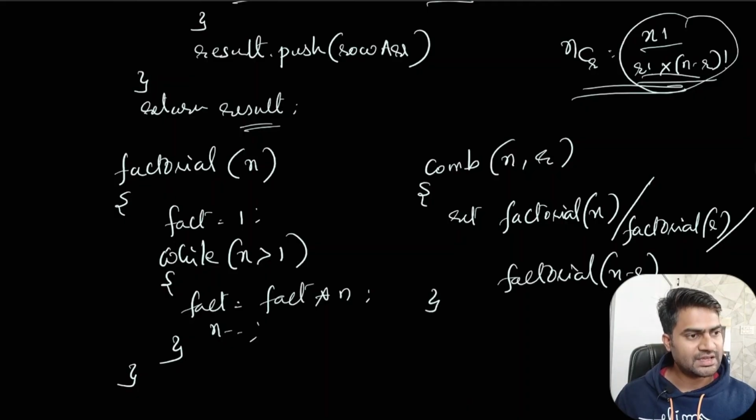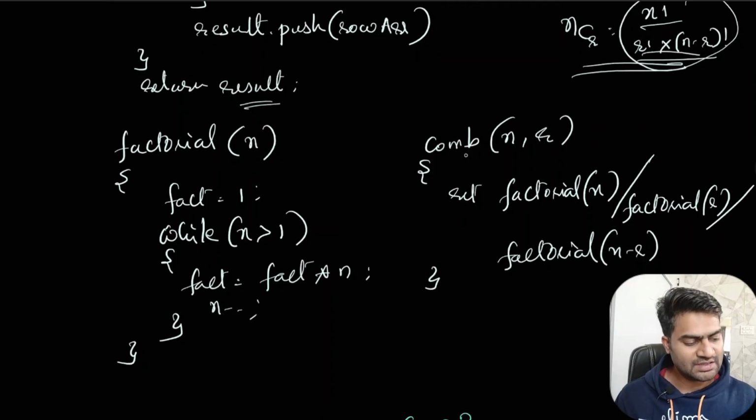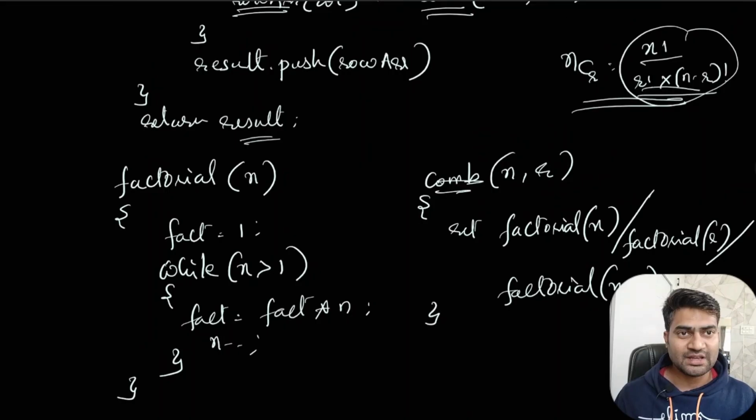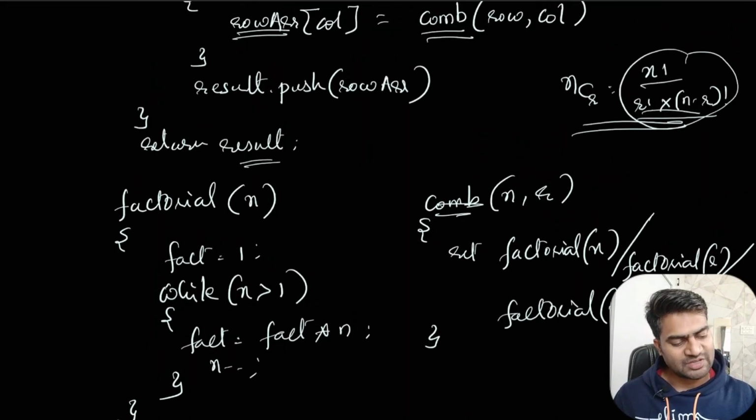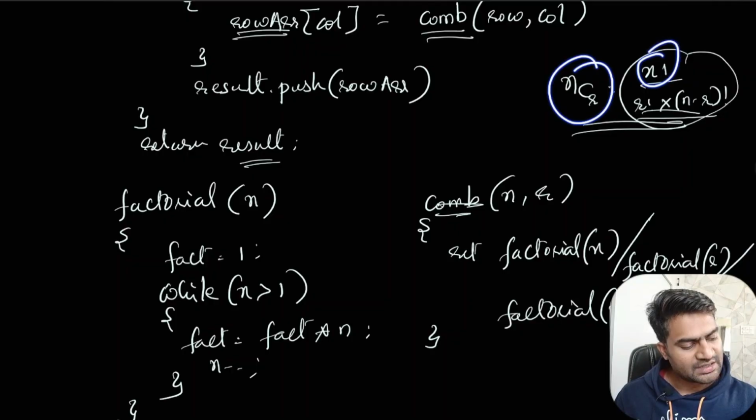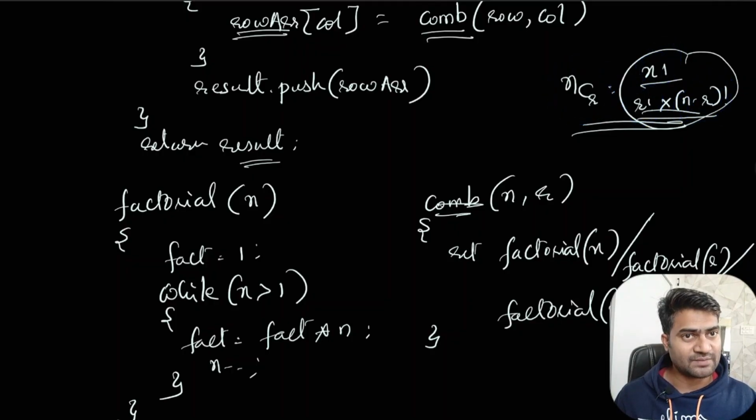This way it will give us the combination, right? So this is the very extreme naive way. Here normally it will find n factorial, r factorial, and n minus r factorial. So is it an efficient way? No, this is not very efficient.